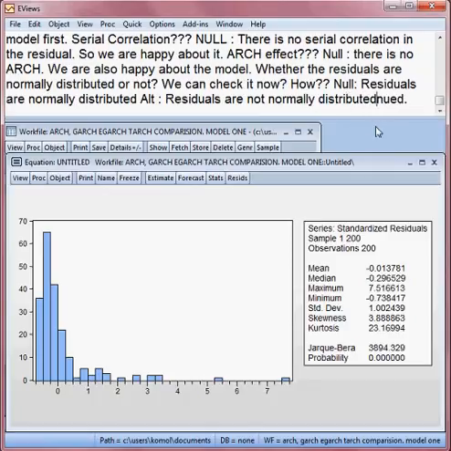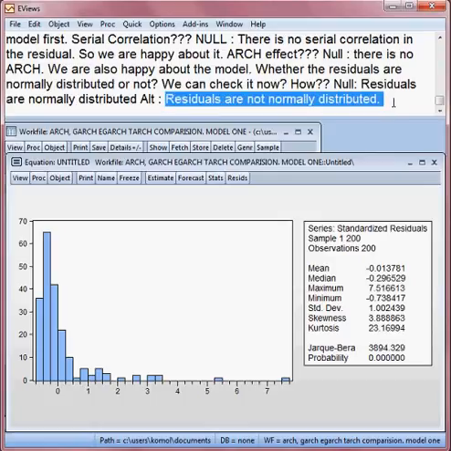Now what is the probability value? It is 0%, meaning we can easily reject the null hypothesis and accept the alternative, meaning our residuals are not normally distributed, and that is not desirable.